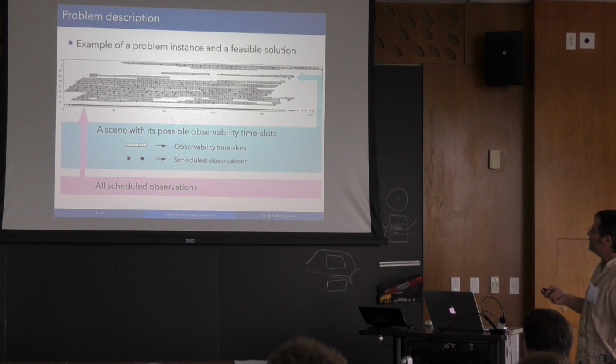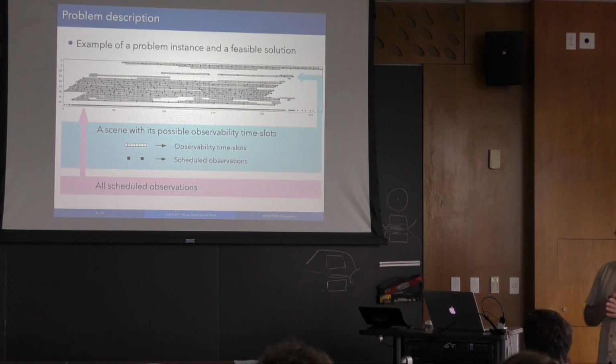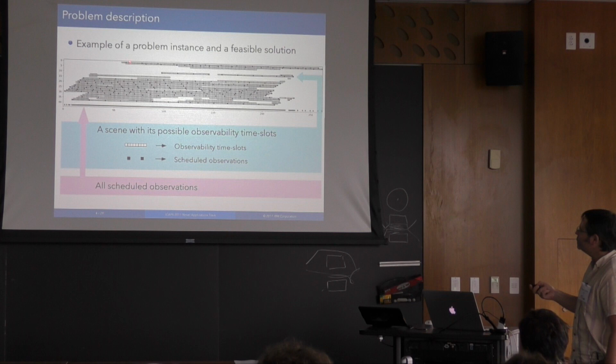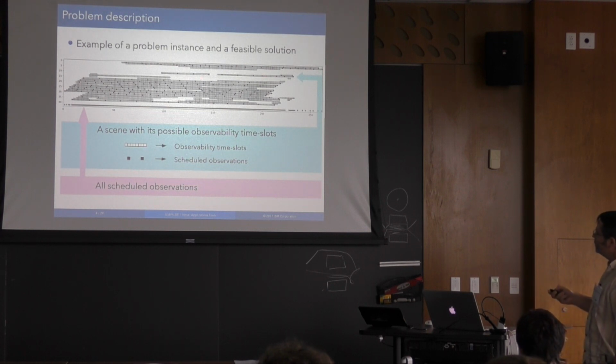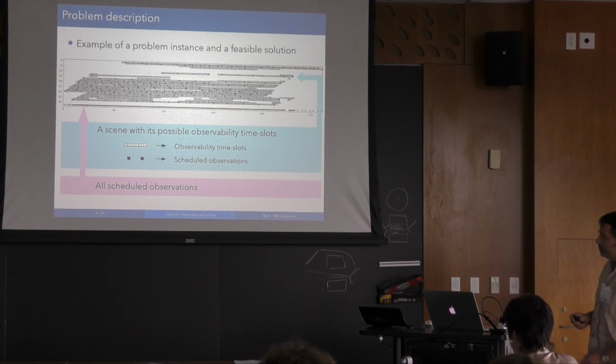Besides the description of the problem instance, I also show here a solution. For example, the black dots here are the time slots where you observe the scene. You can see that some of the scenes are observed, and there are multiple observations of the same scene over time. And you see the additional constraint here that the instrument of the satellite cannot observe two scenes at the same time.